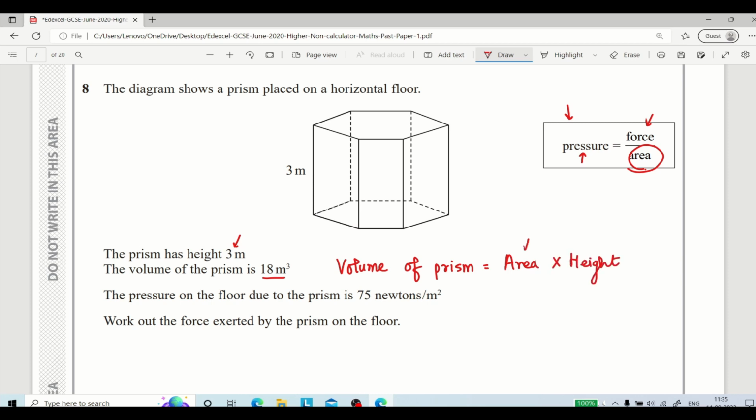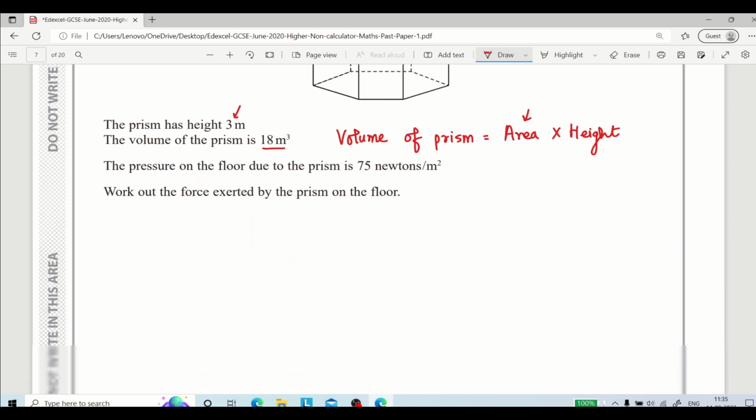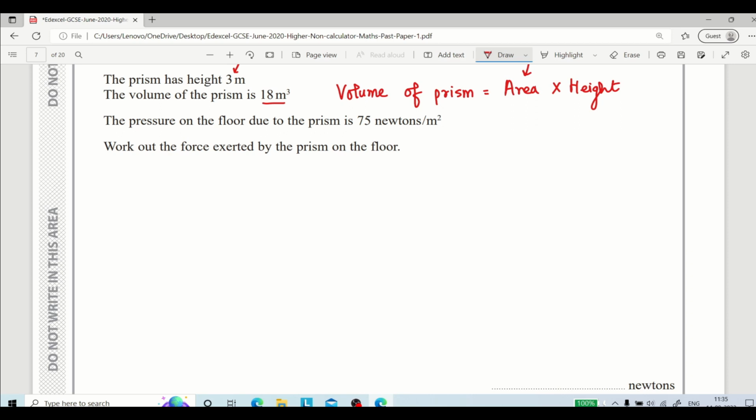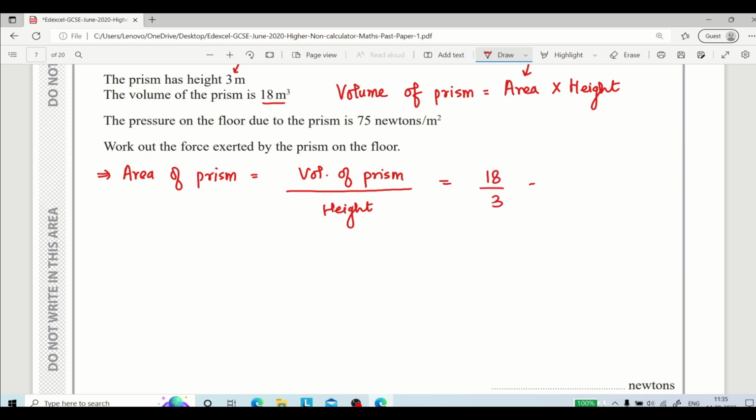So this will give you the value of area, right? Because we know the other two. Yes, let's solve this. This implies your area of prism is going to be volume of prism over height of prism, that is 18 over 3, which gives you 6.